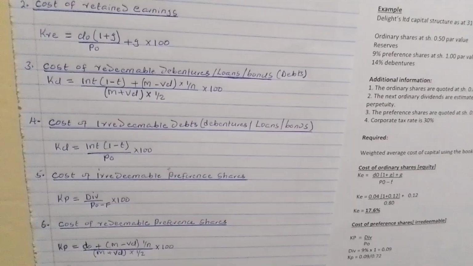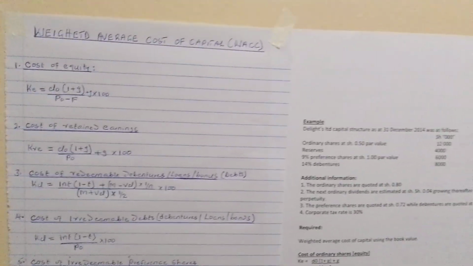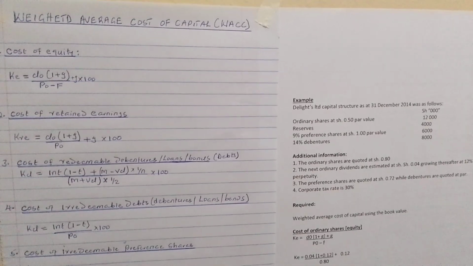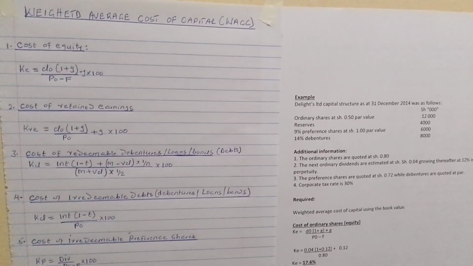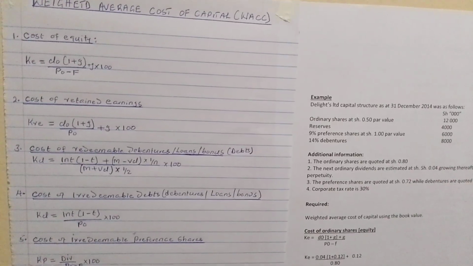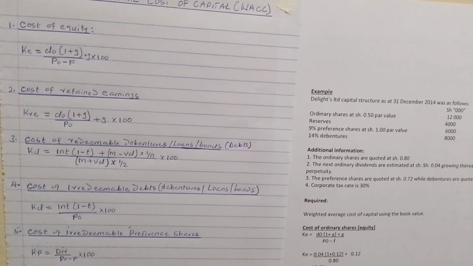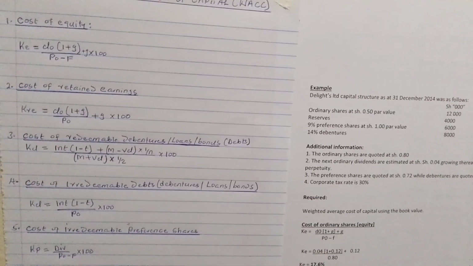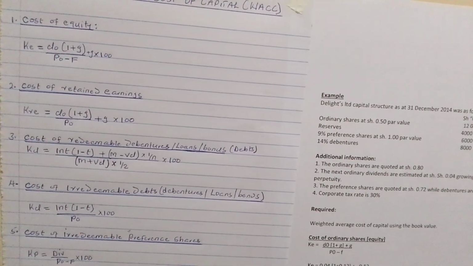Those formulas, I once again repeat that if you want to be very perfect with respect to weighted average cost of capital, you should be very familiar with the calculation of the cost elements of the capital.